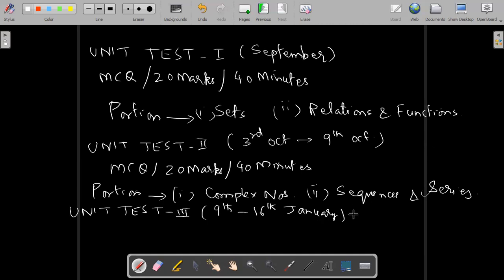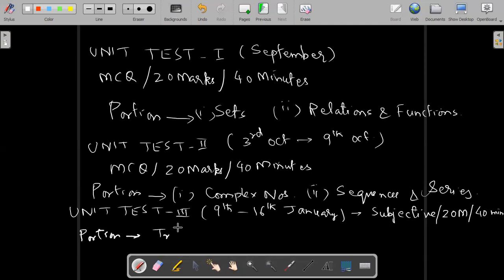And it will be subjective questions, same, subjective 20 marks and 40 minutes. 20 marks and 40 minutes duration, 9 to 16 January.